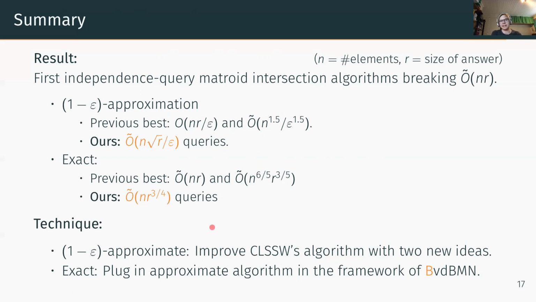And our technique is that for the approximate case, we improve the CLSSW approximation algorithm with these two new ideas. And for the exact case, we just simply plug in our improved approximation algorithm in the framework of BBMN.